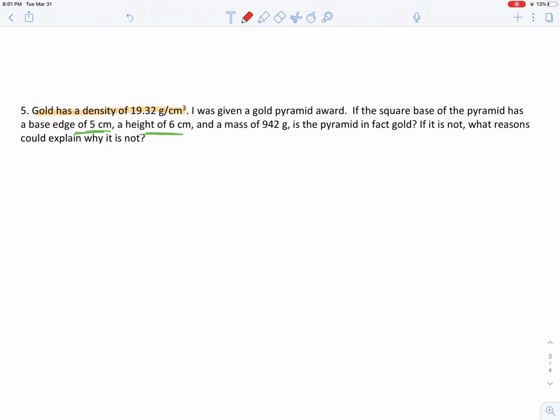And here, they're giving you the mass. Is the pyramid in fact gold? If not, what are the reasons that could explain why it's not? So again, density equals mass over volume. So they gave you how much it weighed, 942.